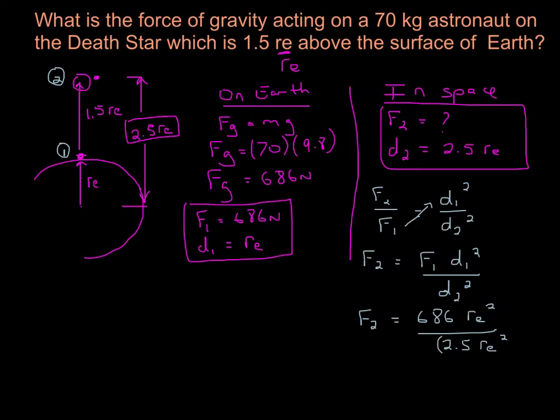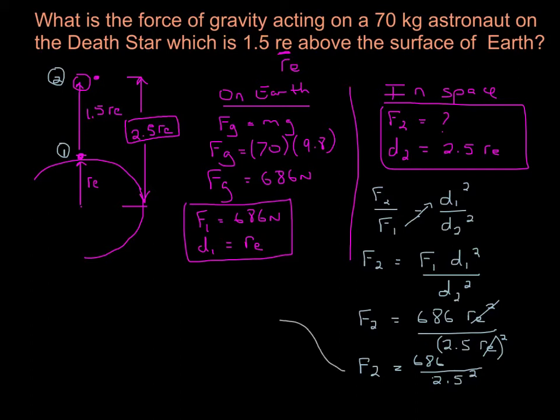Don't forget, it's not just the RE that's squared, it's the 2.5 that's squared as well. So this top RE squared can cancel out with this RE squared, but I still have 2.5 squared. So F2 is equal to 686 divided by 2.5 squared.